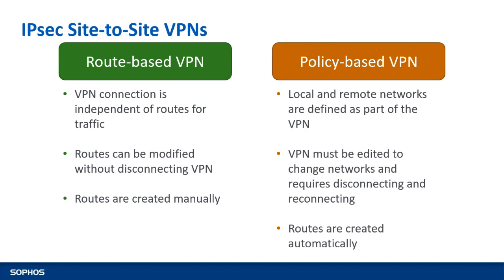With the policy-based VPNs, you define the local and remote networks as part of the VPN connection, and routes will be created for these networks only. The advantage of route-based VPN is that you can make changes to the traffic being routed over the connection without having to edit, and therefore disconnect and reconnect, the VPNs.